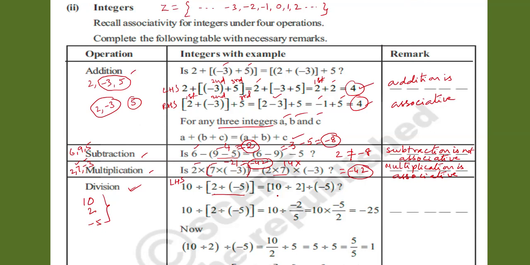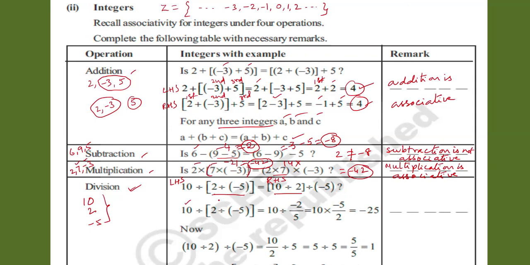In the right hand side, what we have written in the brackets? 10 and 2. So in the first one, the third number divides the second number first. Here in the RHS part, the second number divides the first number, then the third number.